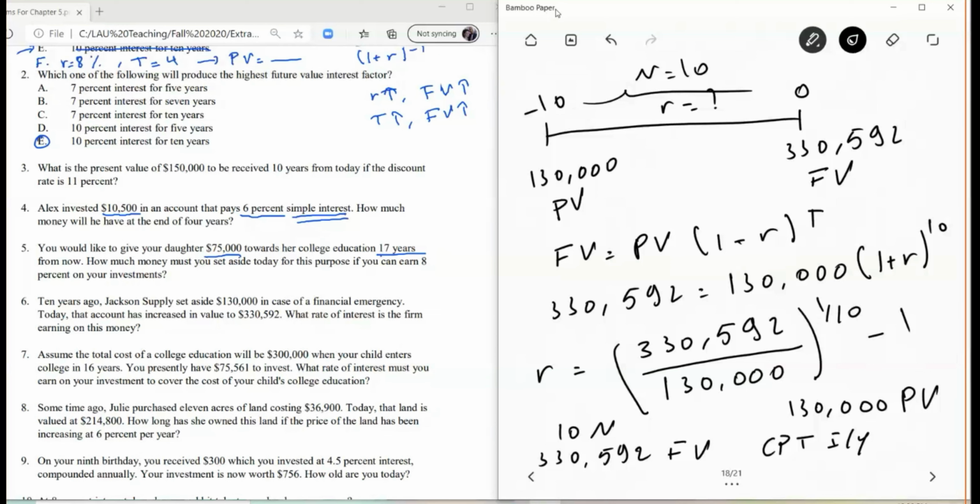So I need to enter that value with a negative sign to imply that the present value and the future value are going in opposite directions. So when I compute IY, I'll get an answer of 9.78%.